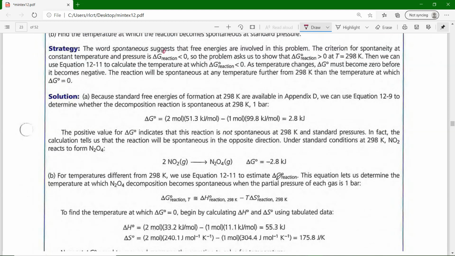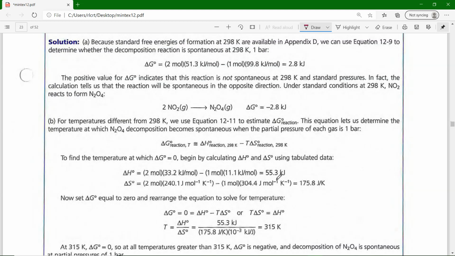If each pressure is 1 bar, I got to calculate T as delta H naught over delta S naught. Delta H naught at 298 is 55.3. Delta S naught is 175.8. Divide by that 1,000. And so you see it's 315 Kelvin, which isn't that much higher than room temperature of 298, is it? So we have relatively comparable amounts of NO2 and N2O4.